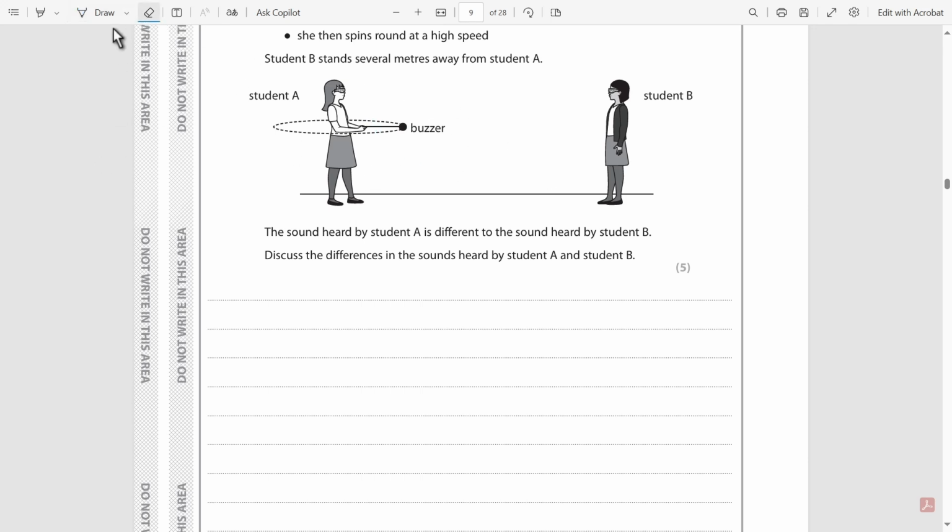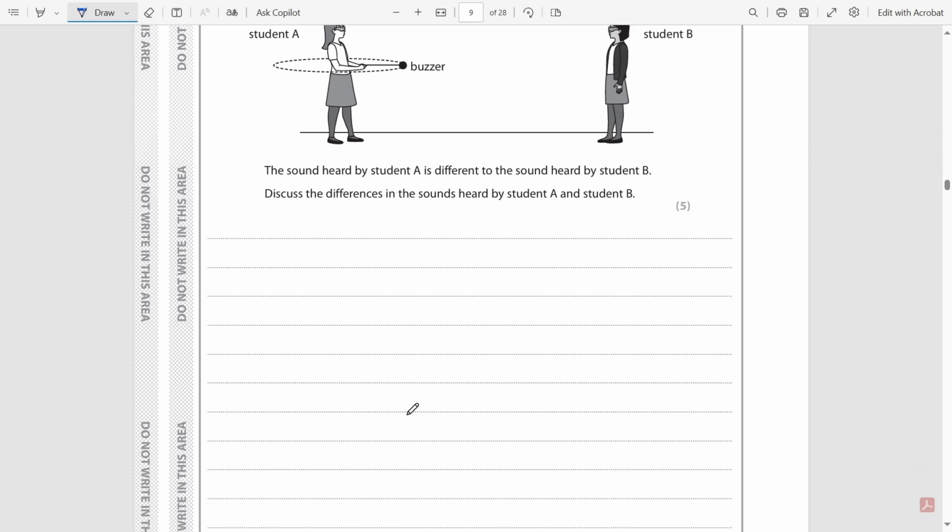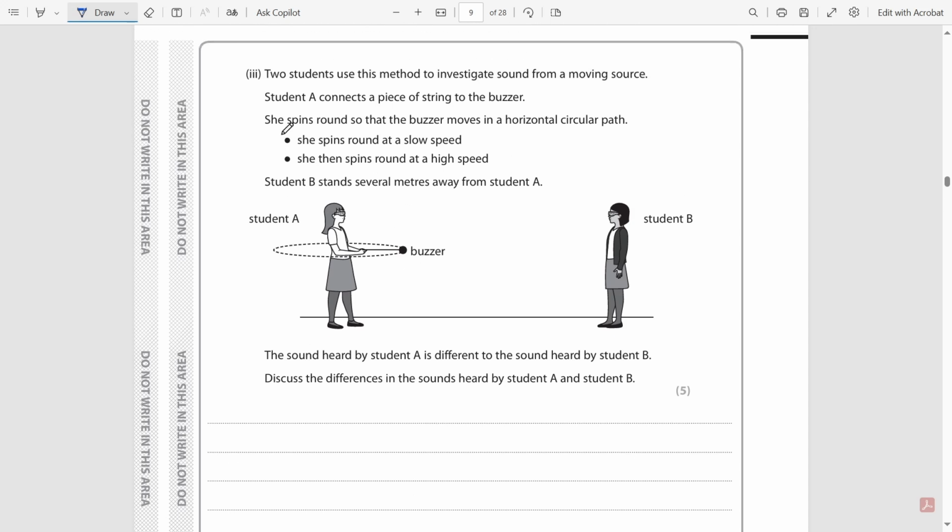Then student A is going to be just hearing the same one over and over again. Oh yeah, and we should also talk about when she spins at a slow speed, she won't notice much of a difference. Though when she spins around at higher speed, student B will notice more of a difference.